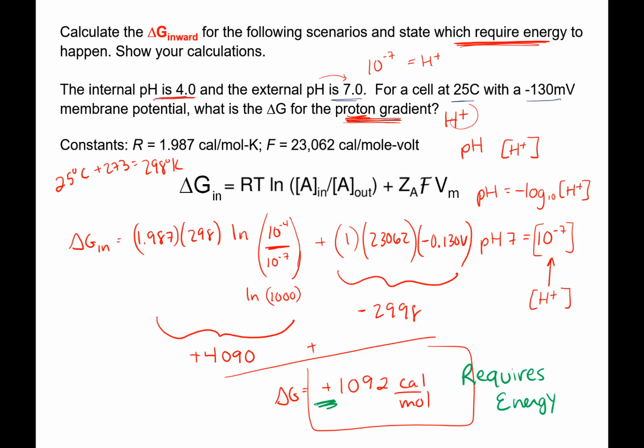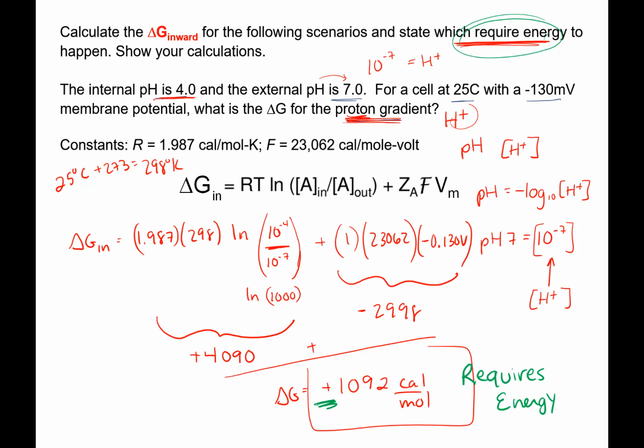Now notice I didn't ask if it's exergonic or endergonic, which I could have, but I asked which requires energy. And so please be very specific to the questions I ask, because as I go through and grade homework, and you can imagine there's a lot of them, I'm looking for the keywords.